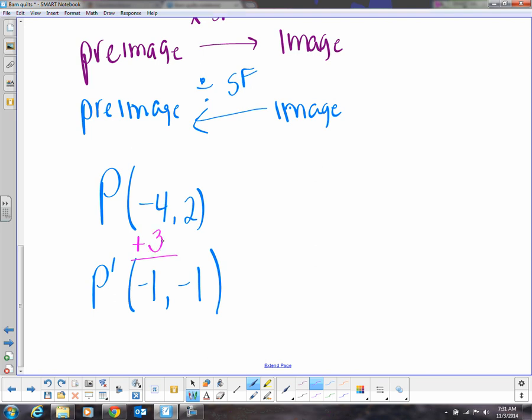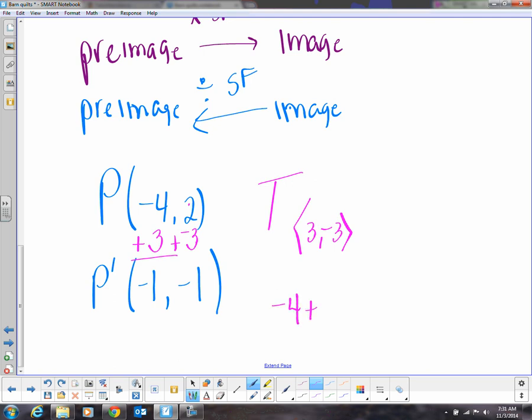What's negative 4 plus 3? Negative 1. What do I add to 2 to get negative 1? Negative 3 plus 2 is negative 1. So what's your translation rule? 3, negative 3.